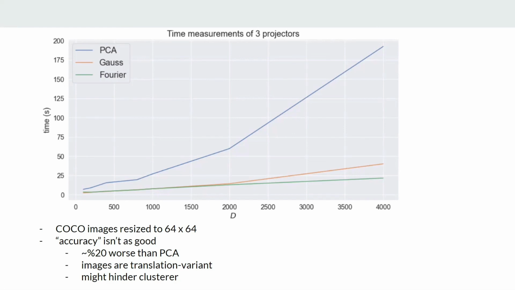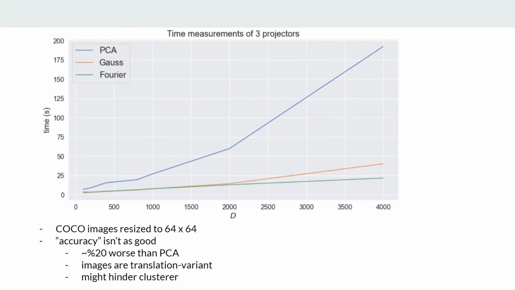unfortunately the accuracy didn't turn out so good. On average it is 20% worse than PCA. The metric I'm talking about is, as my friends discussed, the error calculation. There might be a reason for this. Might be because images are translation variant, and with these rotation things, you hinder the ability of what comes after it to some extent.